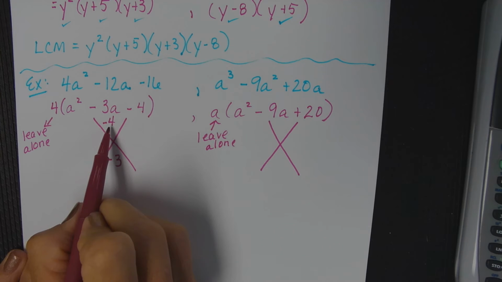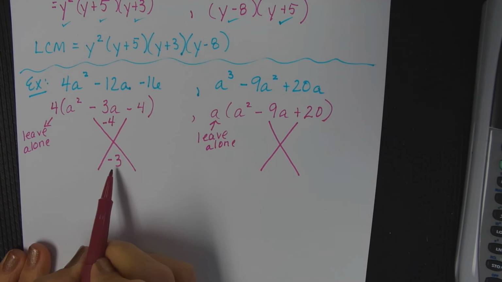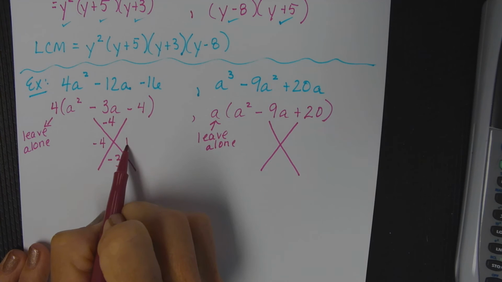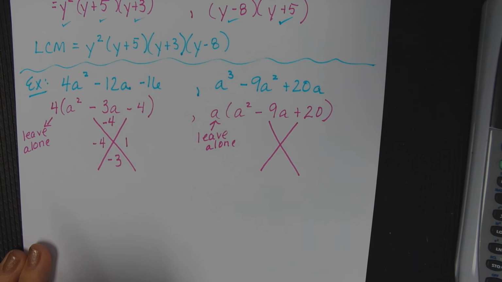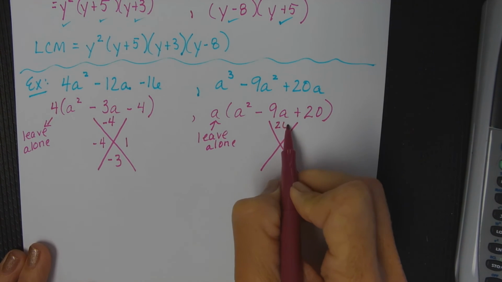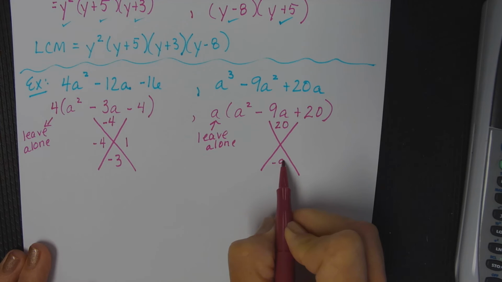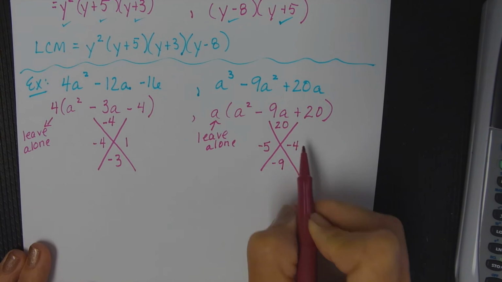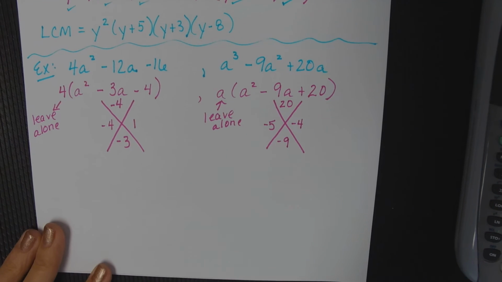So you need factors of -4 that add up to -3. It's going to be -4 and +1. Here you're going to need factors of 20 that add up to -9, -5 and -4.